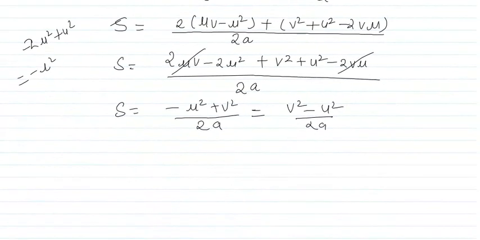We just moved 2a to this side, and v square will be equal to u square plus 2as, and this is the third equation of motion.